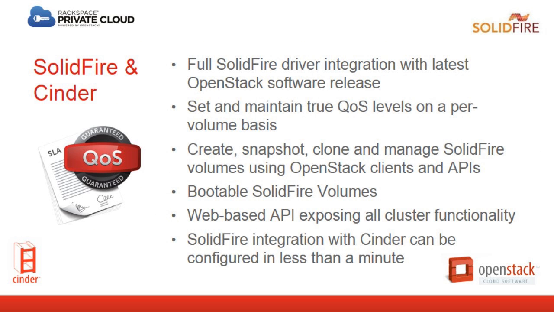One of the things I talked about was consistent performance. And so this particular piece is quality of service. This is kind of one of the big differentiators for us. So the idea for us is we focus really hard on allowing you to actually dial in on an IOPS basis, volume per volume, what sort of performance you want to see.